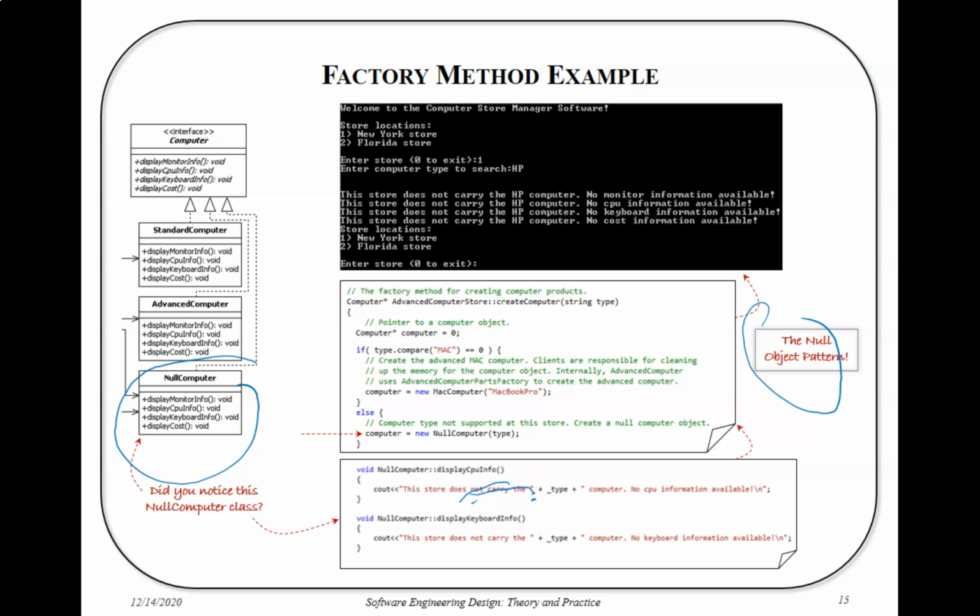The null is used to cater for any other input types for the computer CPU. If the option is not available, it will go to the null computer implementation.